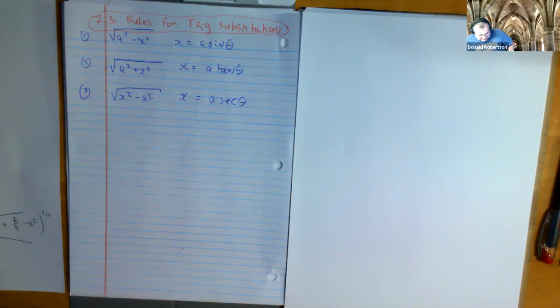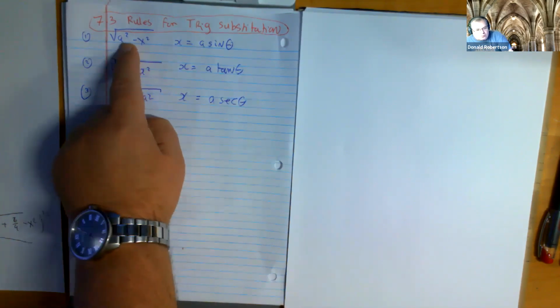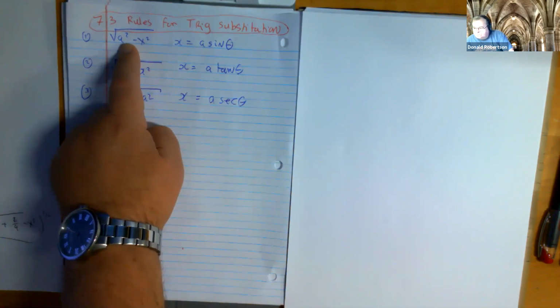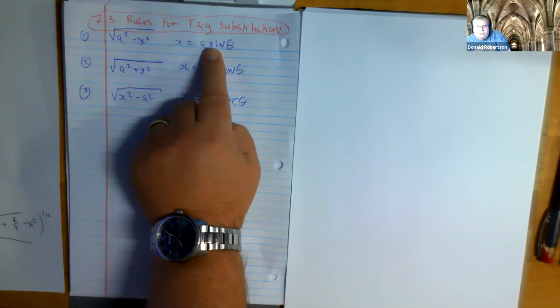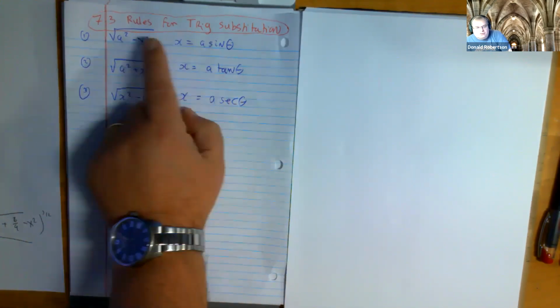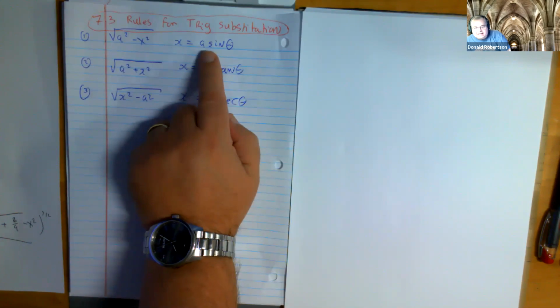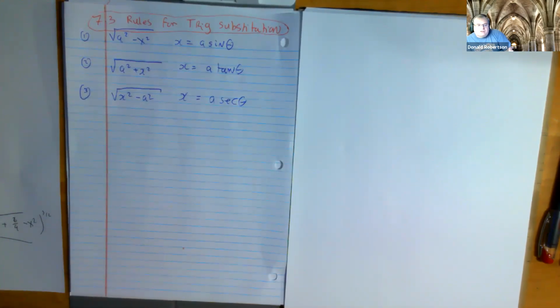Now what's going to happen is that you're going to have an integral with some really ugly square root in it. You're going to use this, and we'll show you how to use it. And it's going to turn this horrible integral into an integral that has some combination of sines, cosines, secants, or tans. So it's going to turn it into questions that look like Friday stuff.